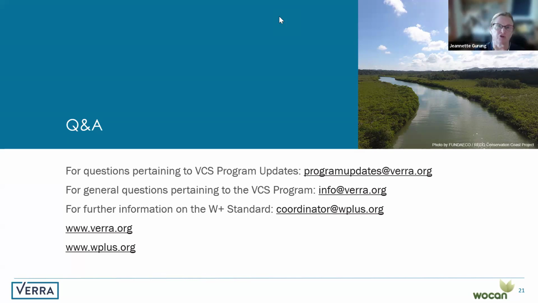It can be used to generate what we call standalone credits, which have nothing to do with carbon, which is outside of this webinar. So far, the projects that have used it have been just generating those kind of standalone credits. We've been hoping that there would be carbon projects using the W+ standard, but so far we do not yet have any such credits on the shelf to sell.